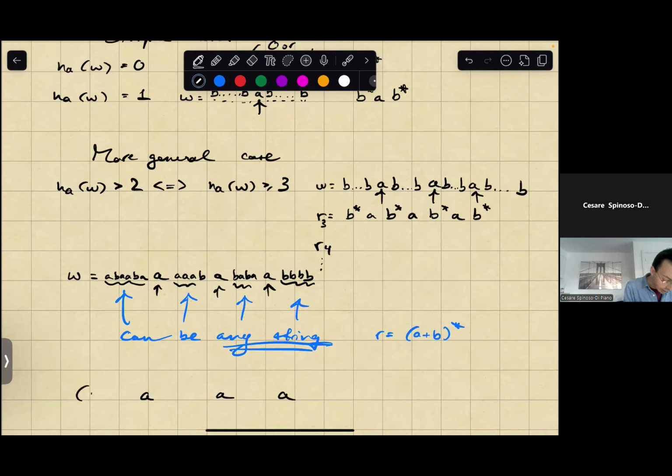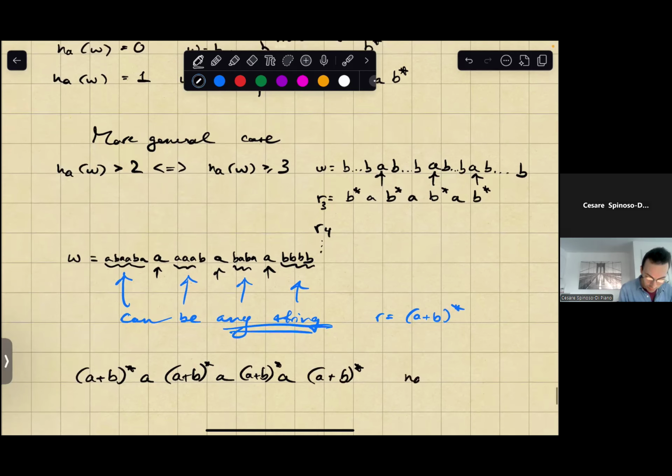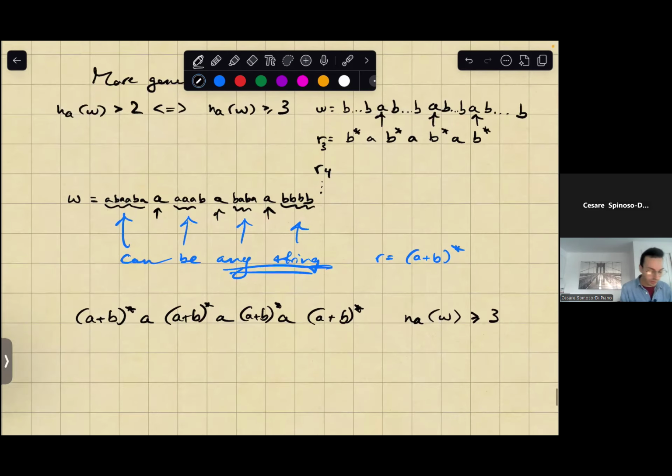So here I could have any string, so (A+B)*, same thing here, same thing here, and same thing here. And so this is the regular expression that covers the case of the number of A's in W being at least 3.